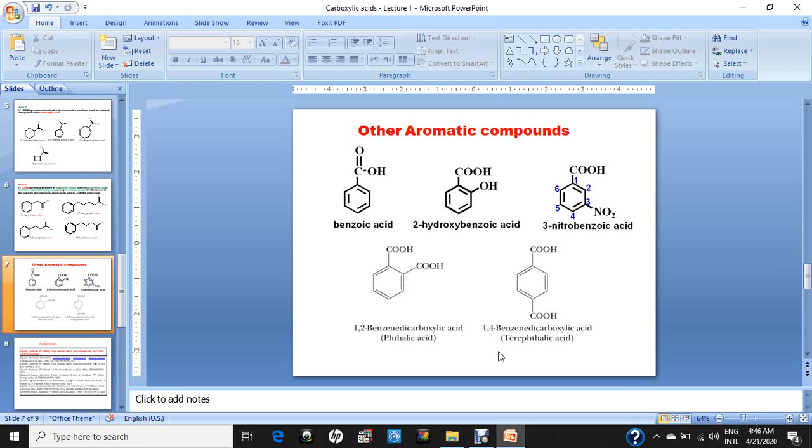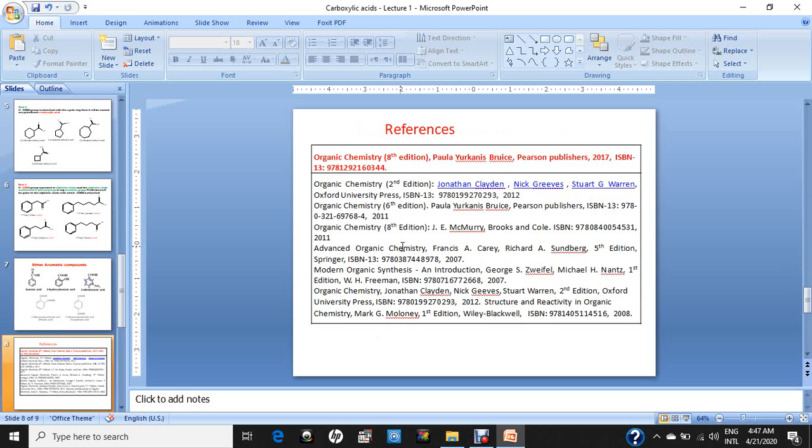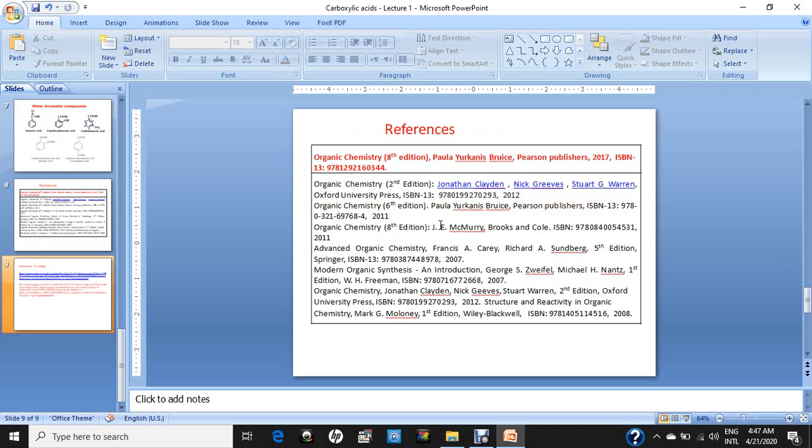In phthalic, the PH is silent; in terephthalic acid, the P is silent. So: benzoic acid, 2-hydroxybenzoic acid, 3-nitrobenzoic acid, 1,2-benzenedicarboxylic acid, 1,4-benzenedicarboxylic acid. You have to just focus on the IUPAC name; these are the references.